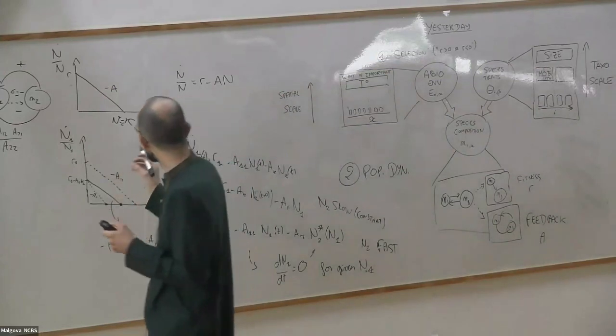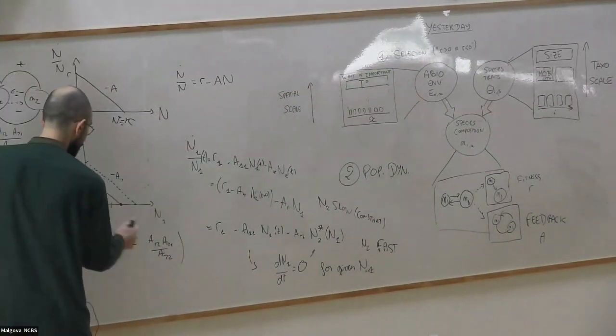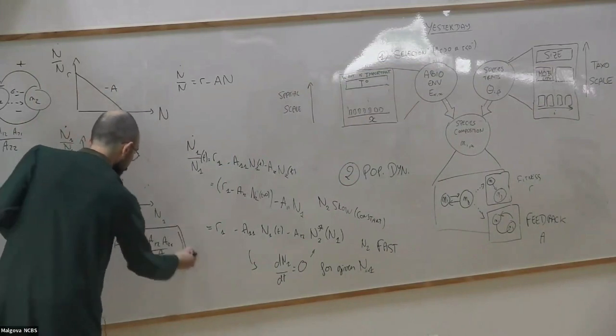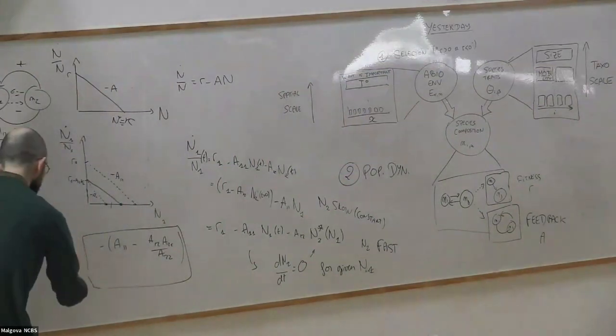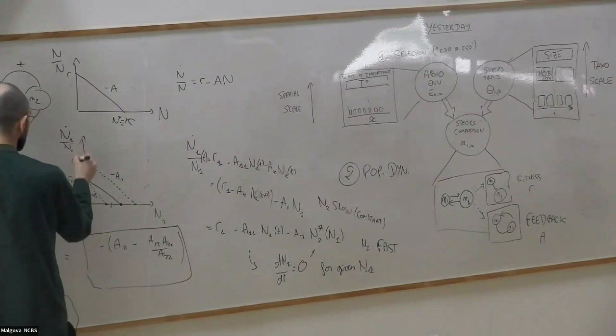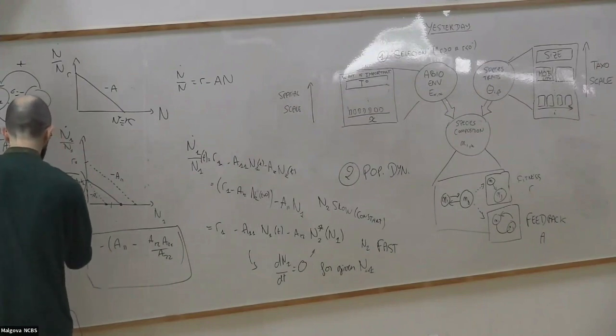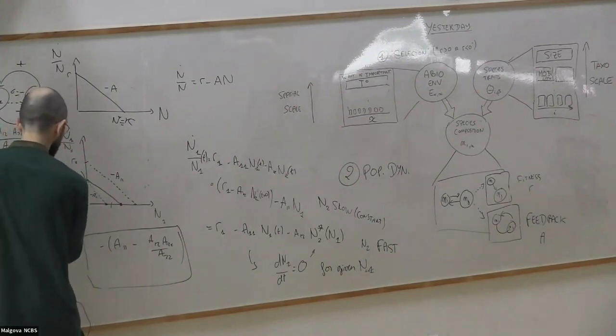So now what I really want to say is that, as you can see from these two expressions here, this is the expression for the effective slope, minus a tilde. And this is the expression for the effective growth rate.